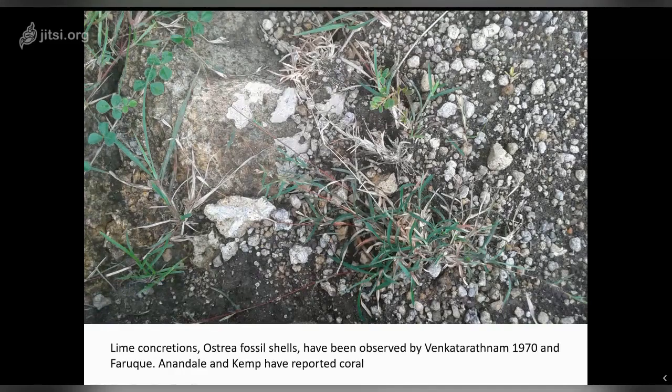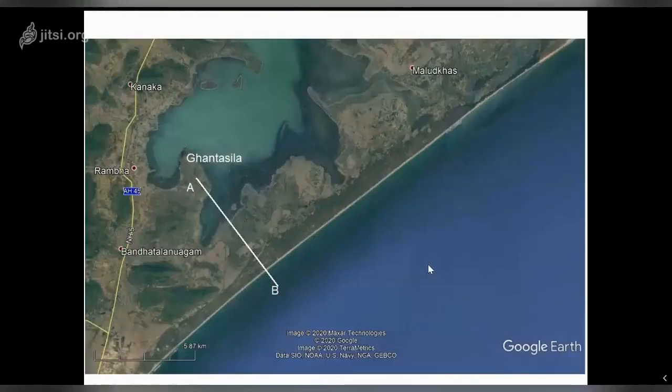Annandale and Kemp, two scientists from the Zoological Survey of India, have also reported the presence of coral. But they also mentioned that coral of very limited extent has been seen, but the shell beds are rather extensive, as reported by Venkat Ratnam.